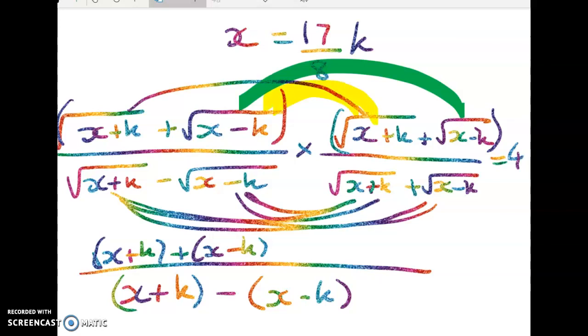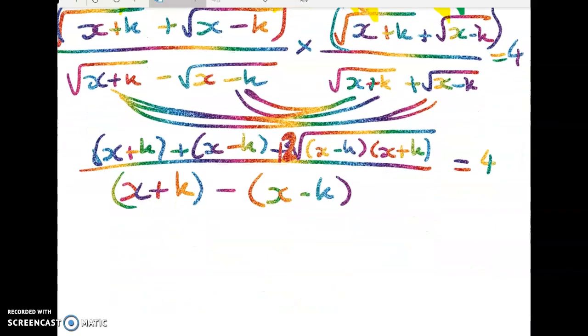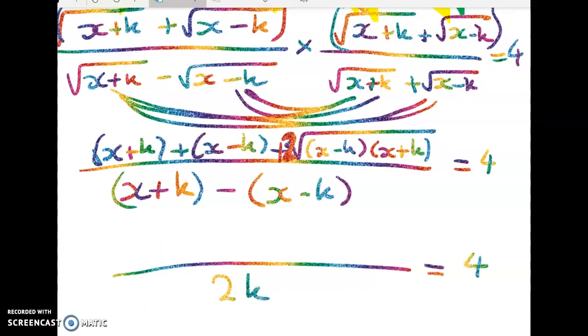This one times this one, and this one times this one are the same. So it's going to be 2. That's a 2, not a third sign. So 2 root x minus k times x plus k, and that equals 4. By now, I'm sure you're going, I like the other way so much more. Well, so do I. So there's 2k, and that equals 4.